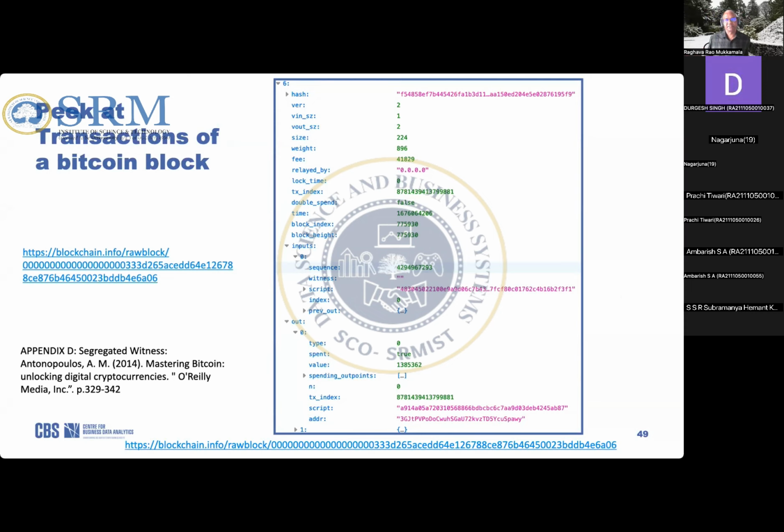There are several complicated scenarios where you don't have a single signature, but on the other hand, you can have a series of signatures. That's why the witness and the segregated witness were introduced. If you want more information, you can find it here. This book, Mastering Bitcoin, is available online, and it gives you a detailed description of what a witness is and what it contains.